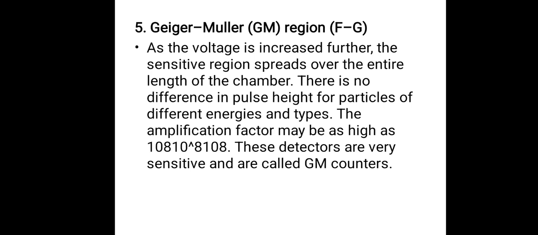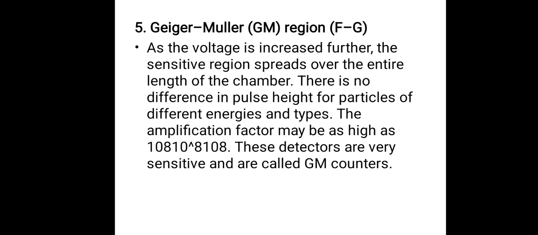GM region or Geiger-Muller region, F to G. As the voltage is increased further, the avalanche spreads over the entire length of the chamber. There is no difference in pulse height for particles of different energy and types.